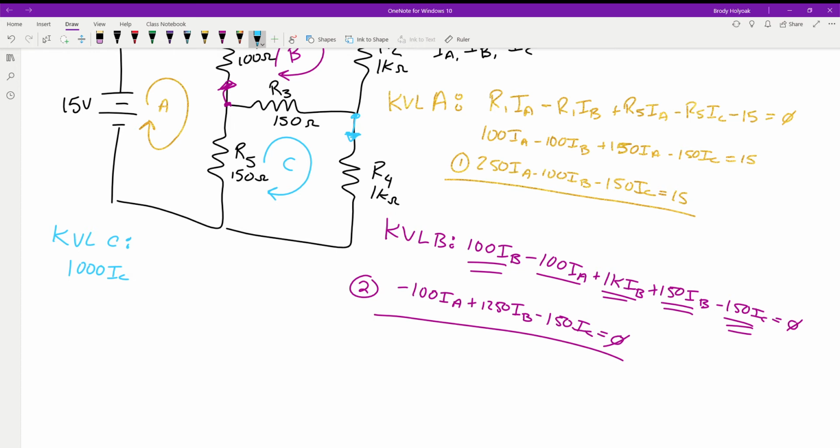The next one we have is R5, so 150 IC minus 150 IA. And then the last resistor is R3, so 150 IC minus 150 IB, and that is all equal to 0.